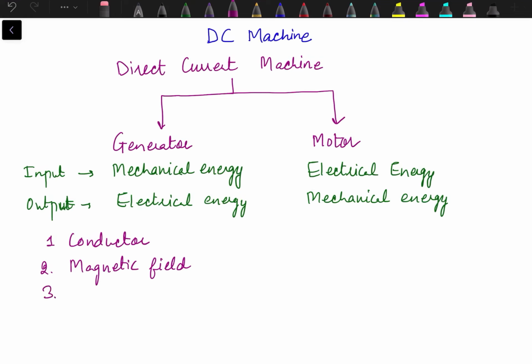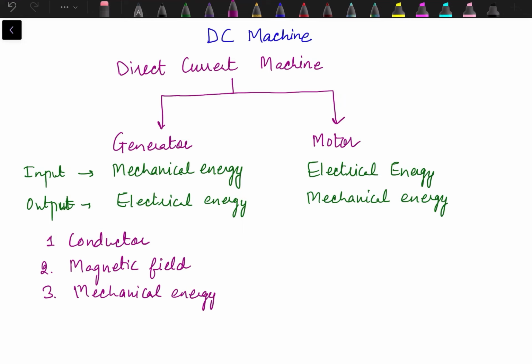So the third thing which we need is mechanical energy for movement. When one is stationary and the other one is rotating, it means there is flux cut by the conductor. Whenever there is flux cut by the conductor, there is an induced EMF in that conductor, and that can be collected from the generator in the form of electrical energy.